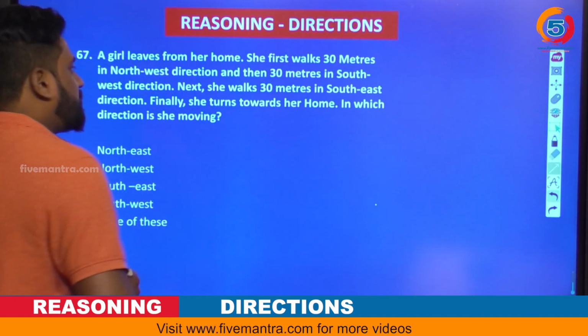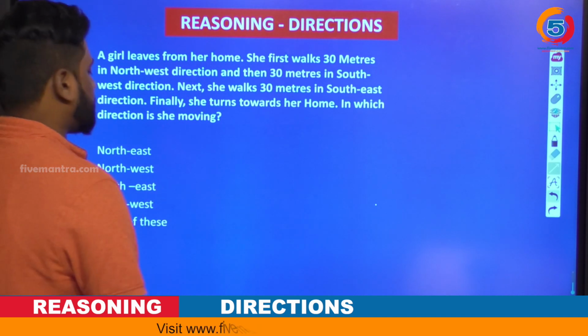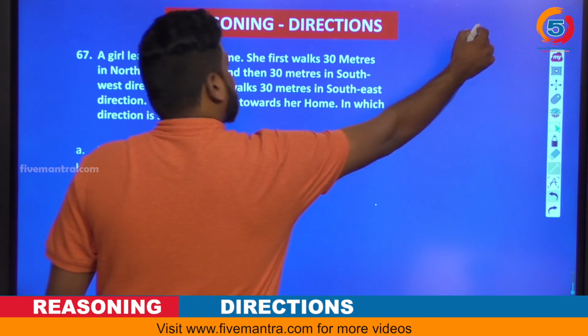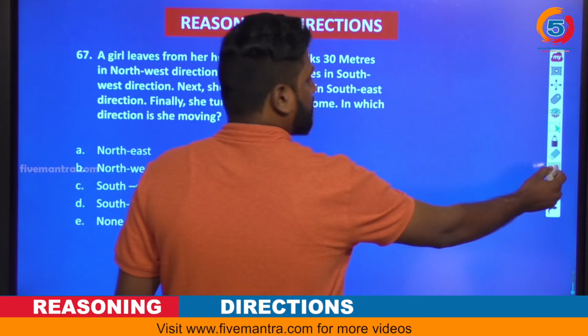A girl leaves her home. She first walks 30 meters in northwest. Here you can take this as the northwest direction. Is it clear?